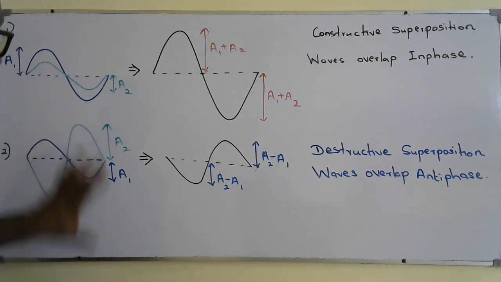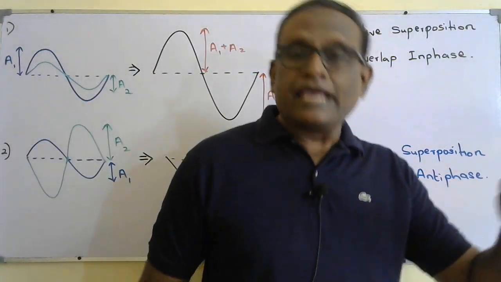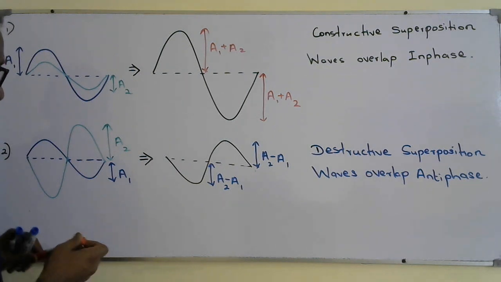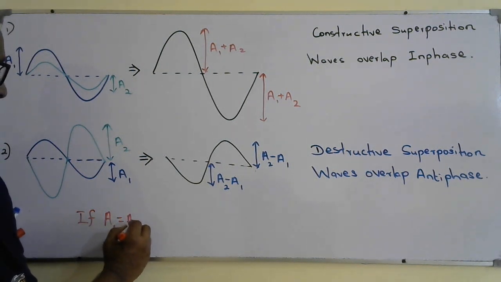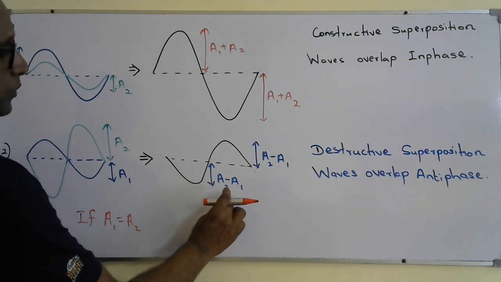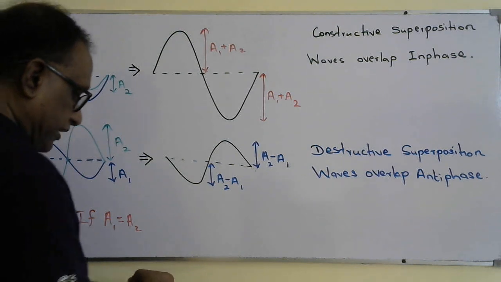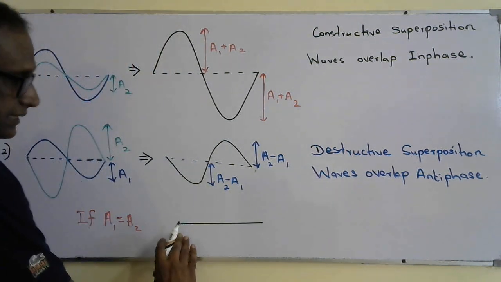In case the two waves have the same amplitude, that is A1 is equal to A2, so here we took A2 minus A1. So what will be the resultant? The resultant wave pattern is nothing. There won't be any wave. So the wave pattern is a straight line.